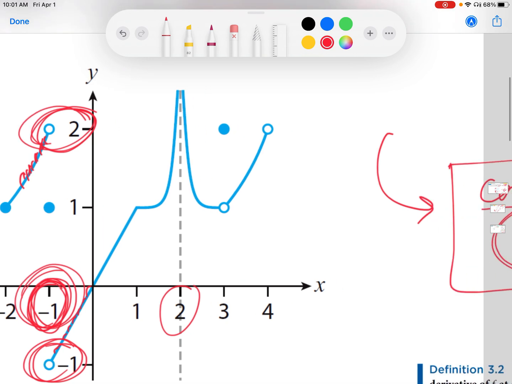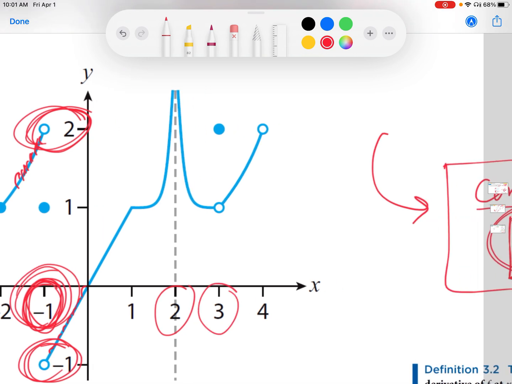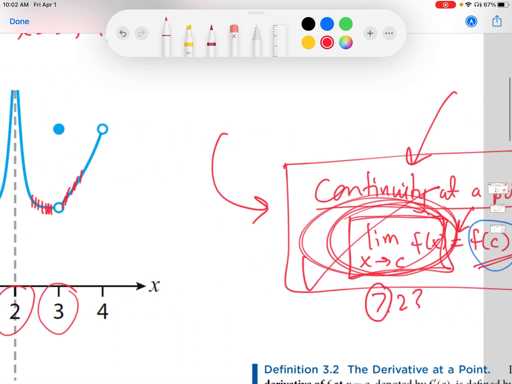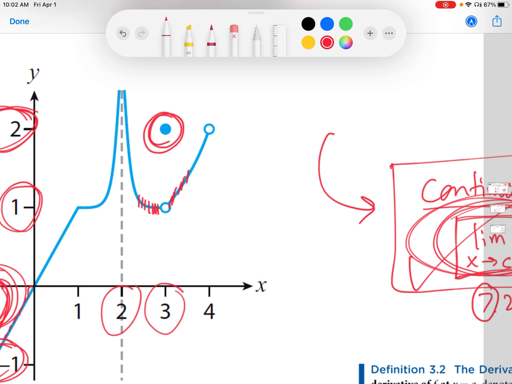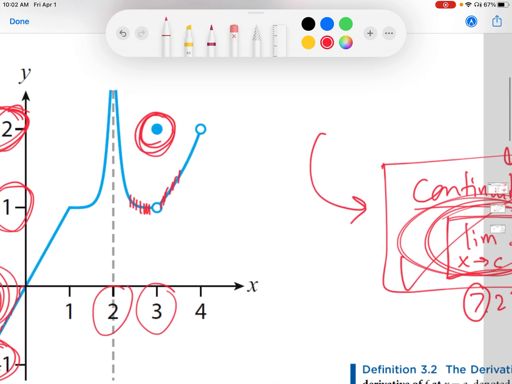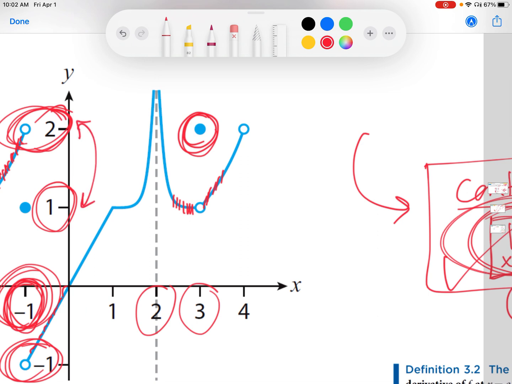And then continuing to scan the graph, look at what happens at 3. If I approach from the left, my y values tend to 1. If I approach from the right, my y values also tend to 1. So the two-sided limit exists, great. And the function is defined at 3. It's equal to 2. So f(c) exists, great. However, these y values are not the same.